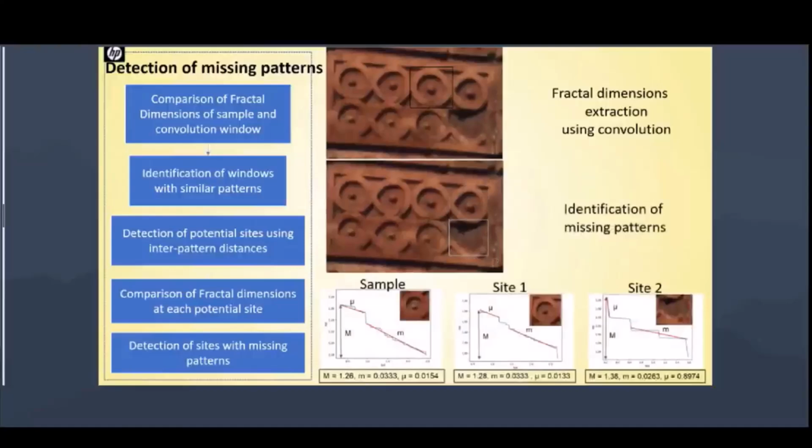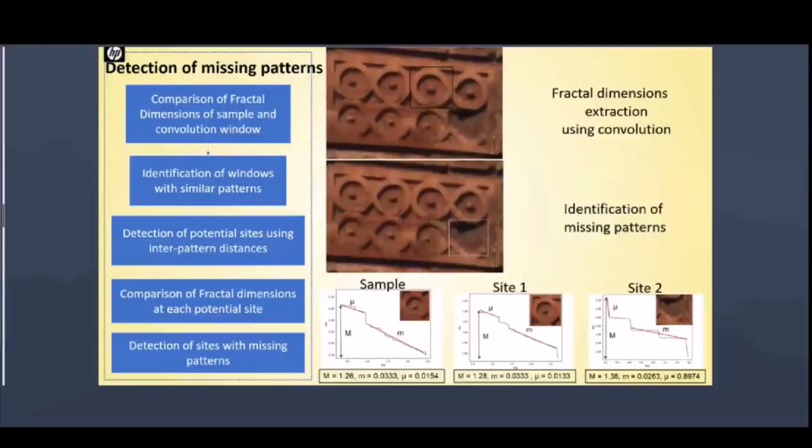Similar thing was done here also. As you can see, this was the input image and the elemental pattern that I was discussing. Using that elemental pattern, the subsets were created and fractal analysis was done.